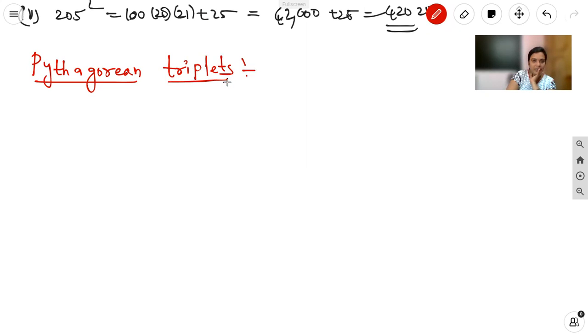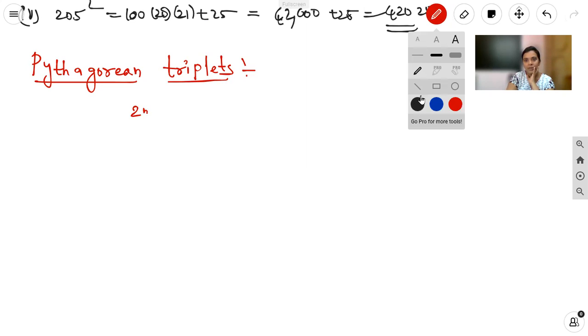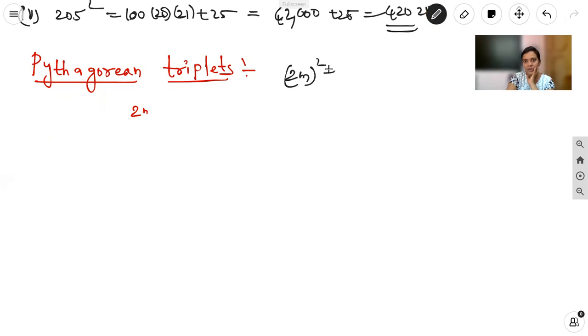We can take the relation: (2m) whole square plus (m square minus 1) whole square equals (m square plus 1) whole square.